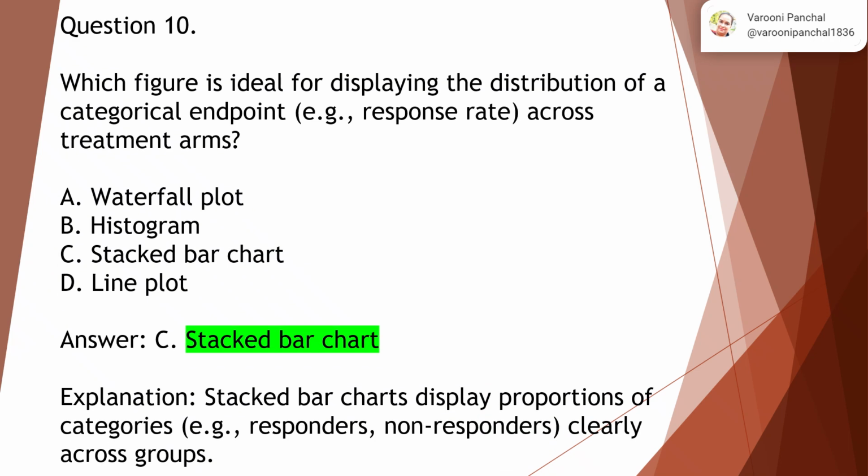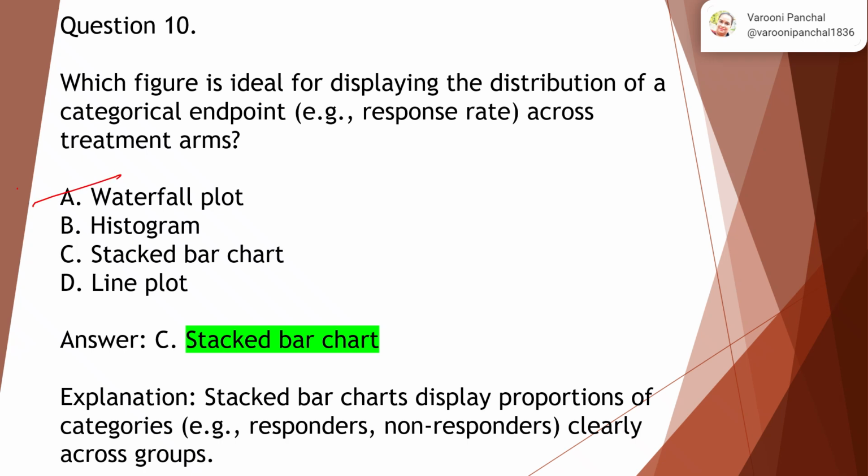Question 10. Which figure is ideal for displaying the distribution of a categorical endpoint? For example, response rate across treatment arms. Option A says waterfall plot. Now waterfall plot is generally used to show whether the size of a specific tumor has shrunk or not. So that is related to oncology and the overall flow of tumor size shrinkage.